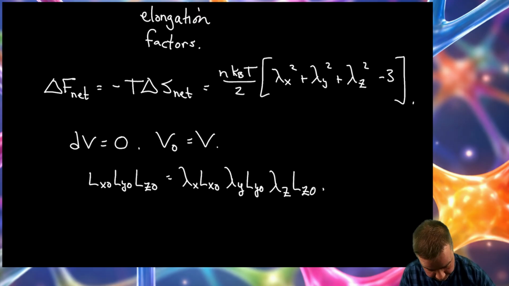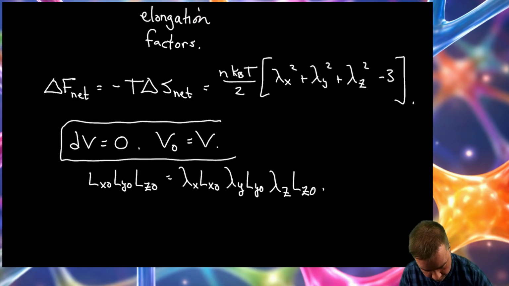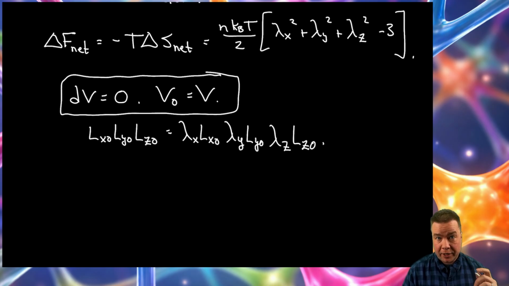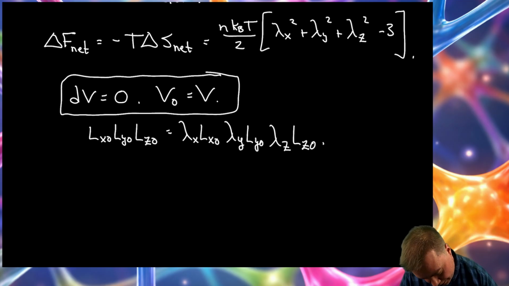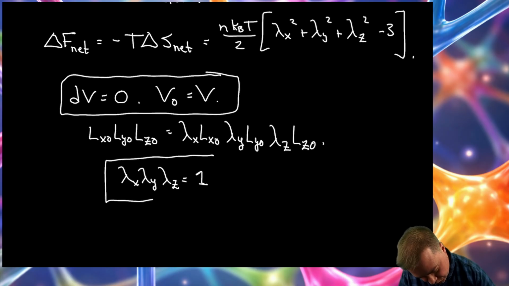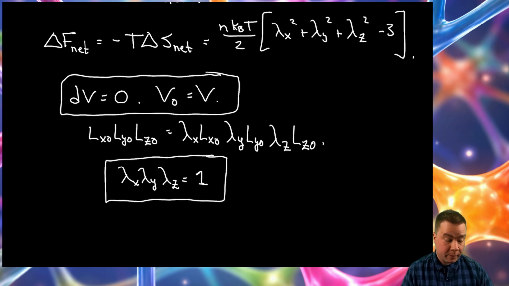Again, only if the volume of a material does not change, which is true. This is an incompressible system. Our polymers are incompressible. The volume's going to be the same before and after, at least in what we're describing here. We'll talk about experiments in a second. So that means then that lambda x, lambda y, lambda z must be equal to 1.